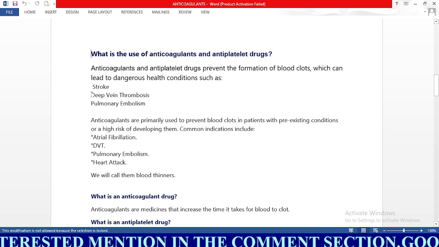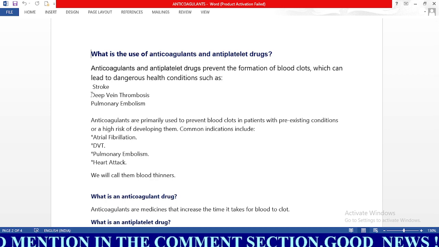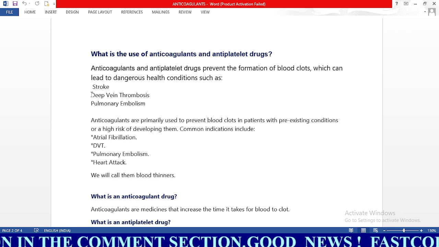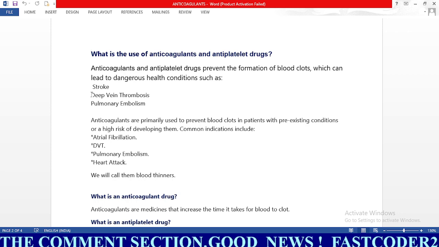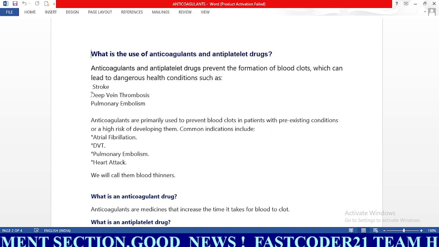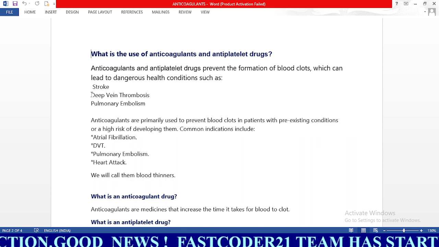Anticoagulants are primarily used to prevent blood clots in patients with pre-existing conditions or a high risk of developing them. Common indications include atrial fibrillation, DVT, pulmonary embolism, and heart attack. So these are the pre-existing conditions.